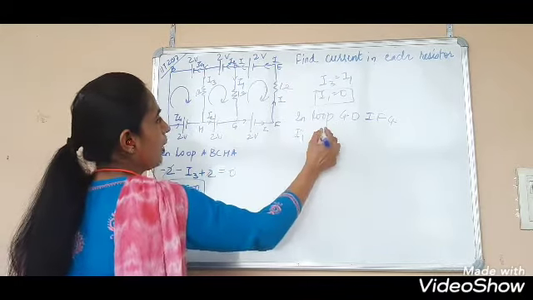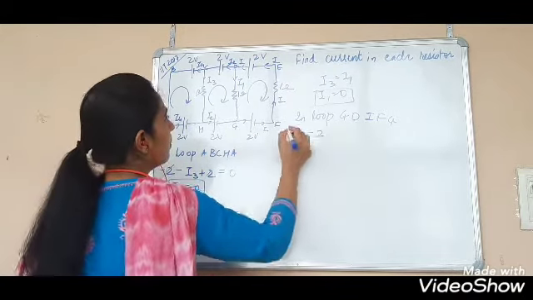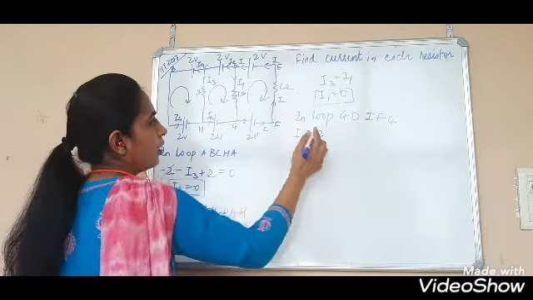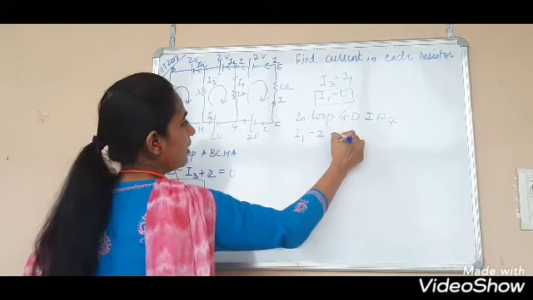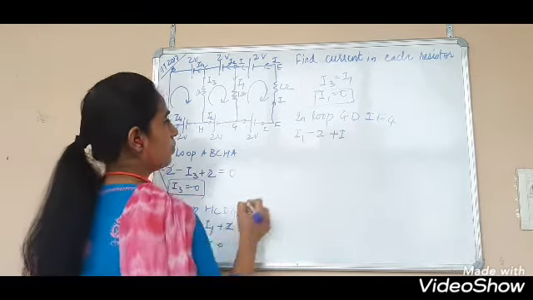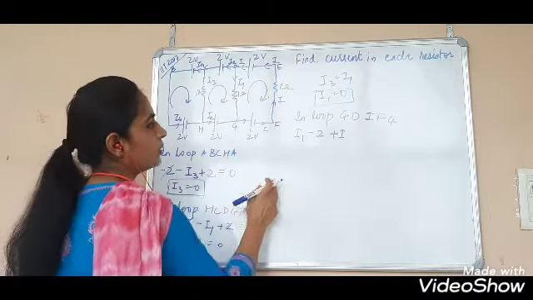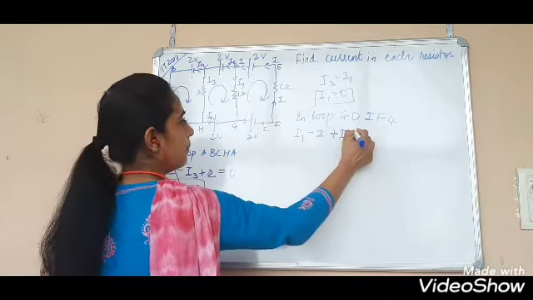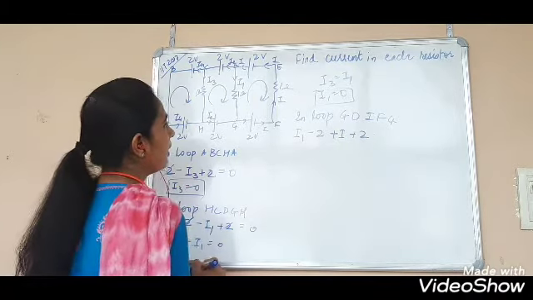Then going from higher to lower, drop, -2. Then current and path are opposite, so plus I. Then going from lower to higher, gain, +2.